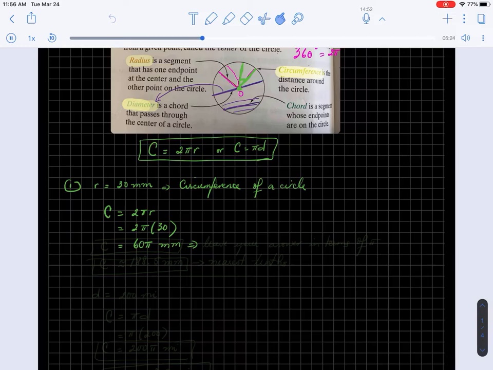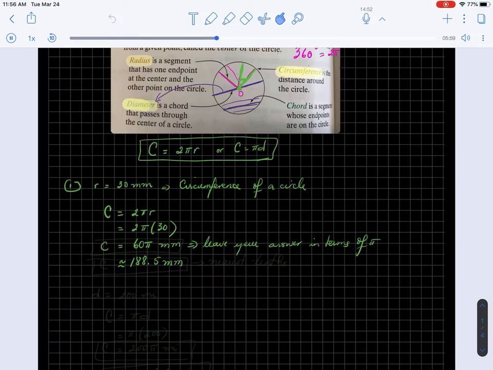This is what I call leave your answer in terms of pi. If I were to ask you to round to the nearest tenth, I always use my pi button on the calculator, so that should give me about 188.5 millimeters.